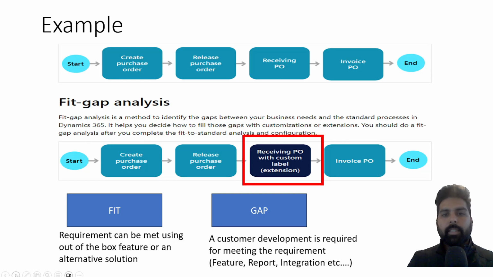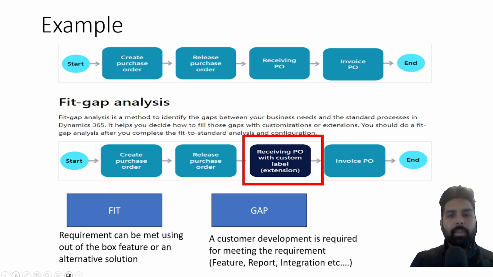If you see this, we have a normal procure to pay process. Let's say it starts with creating a purchase order, releasing the purchase order, receiving the purchase order, invoicing the purchase order, and ends. If this is the process which the customer wants, then it will be a fit for you. But let's say the customer says there is one requirement where, when we are receiving the PO, the receiving of PO with a custom label or extension should be done.